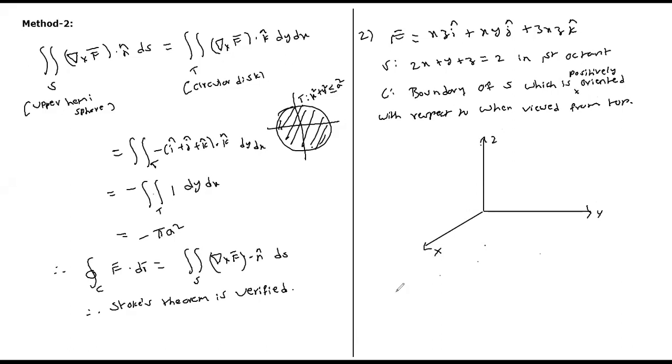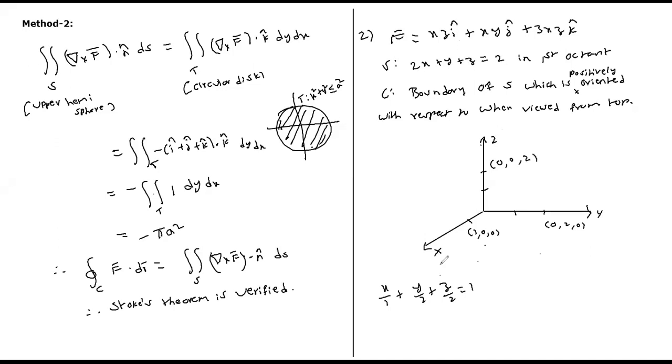See, when you are dividing by 2, x by 1 plus y by 2 plus z by 2 equal to 1, right? Therefore, x intercept is 1, 0, 0. Y intercept is 0, 2, 0. Z intercept is also 0, 0, 2.